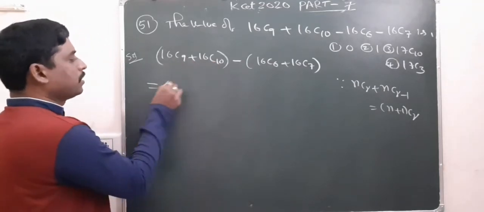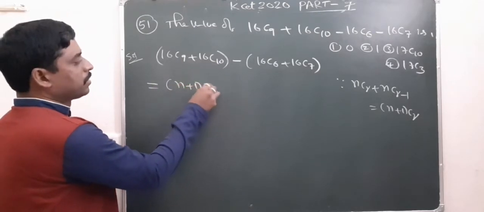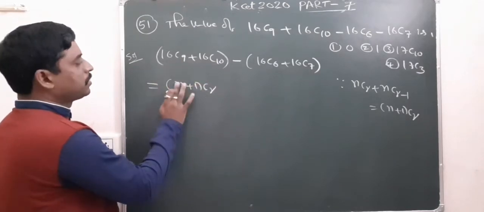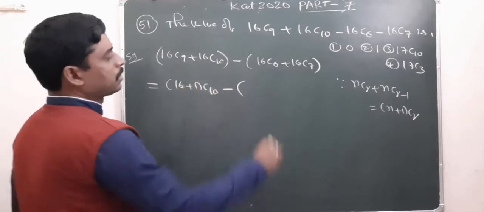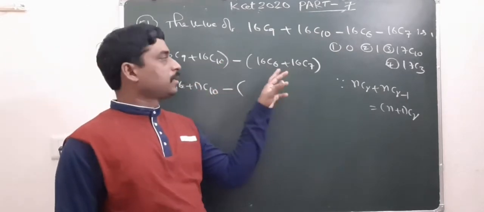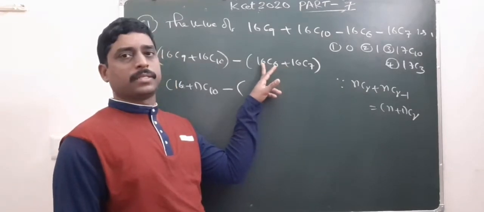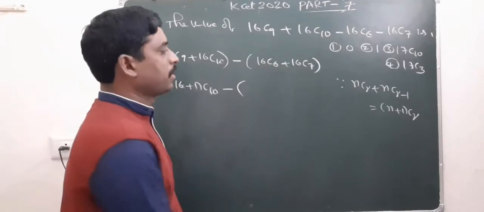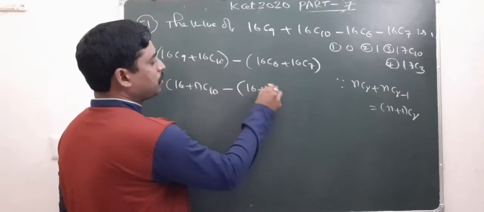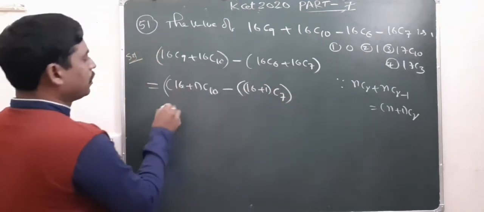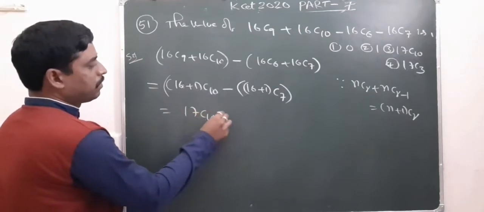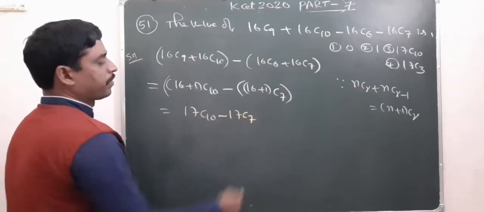So our formula gives (n plus 1)Cr, where n value is 16 and r value is 10. In the other group also, same, n is 16, r is 7, so 16 plus 1 C7. Therefore 17C10 minus 17C7.